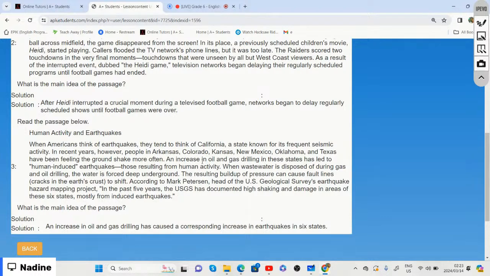In recent years, however, people in Arkansas, Colorado, Kansas, New Mexico, Oklahoma, and Texas have been feeling the ground shake more often. An increase in oil and gas drilling in these states has led to human induced earthquakes.